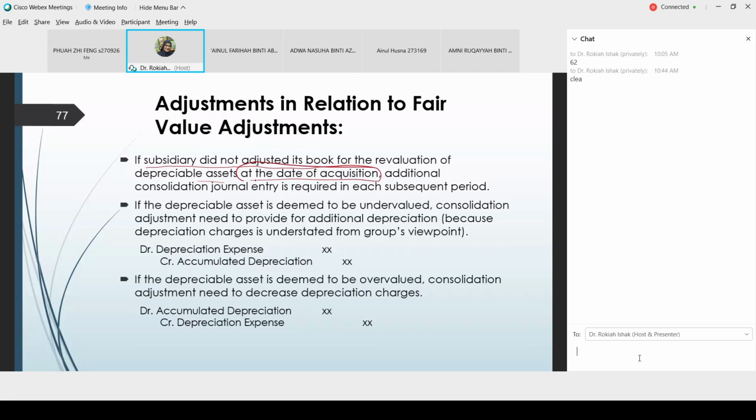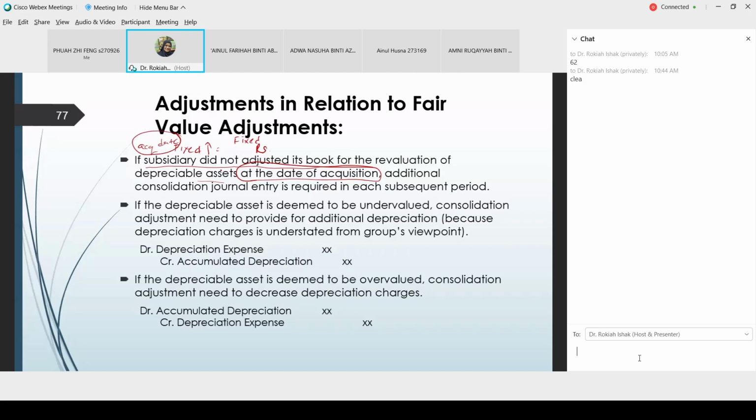If you still remember in chapter 1 here, we looked at the revaluation at the acquisition date. When there is an increase in the value of fixed asset, then we're going to prepare debit, for example, your fixed asset, and then credit a revaluation surplus. This one is at the acquisition date.